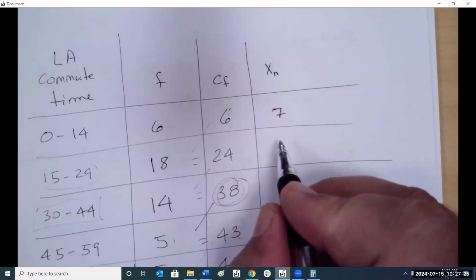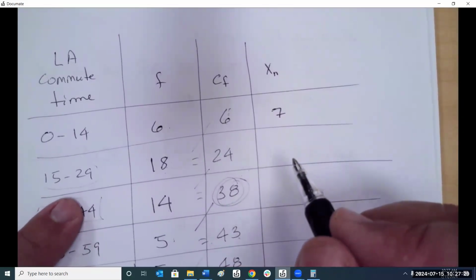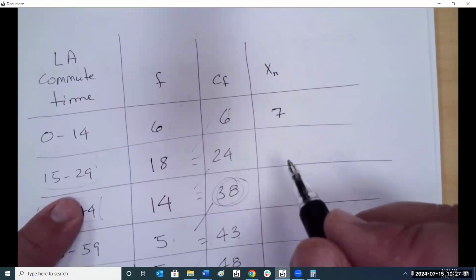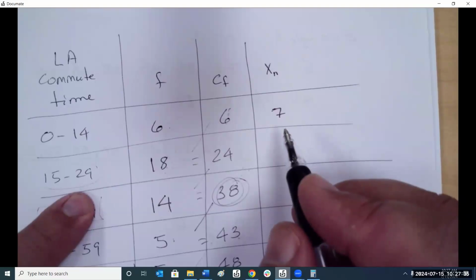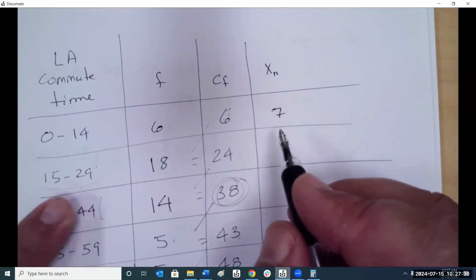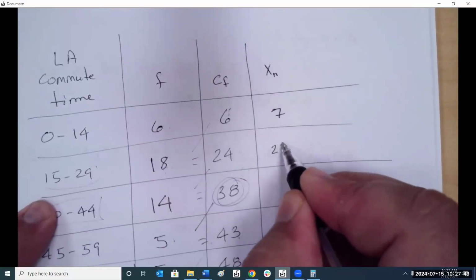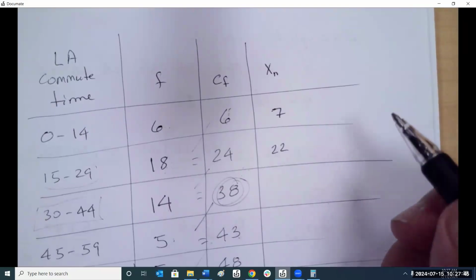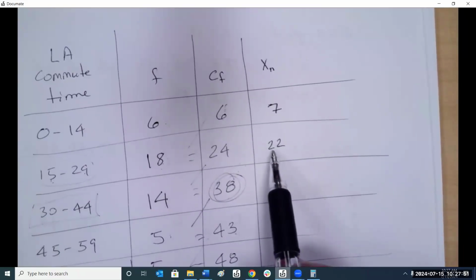So what's the next one going to be? Between 15 and 29. 29 plus 15 is 44, divided by 2 is 22.